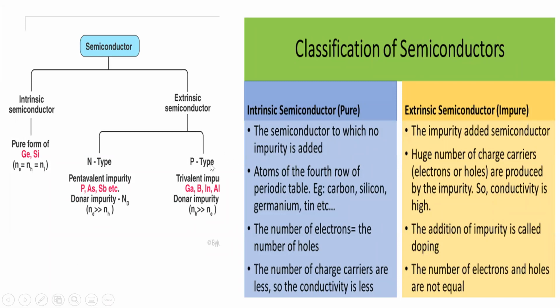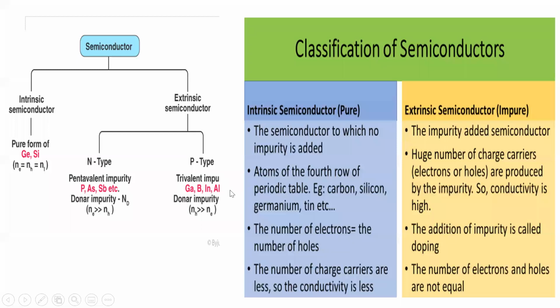And in a P-type semiconductor, we are adding a trivalent impurity. What is meant by tri? You will be familiar with tri. Tri means three. So how many electrons will be there in the valence shell? Three electrons. If the number of electrons in the valence shell is 3, we call them trivalent impurities. Examples are gallium, boron, indium, aluminium.